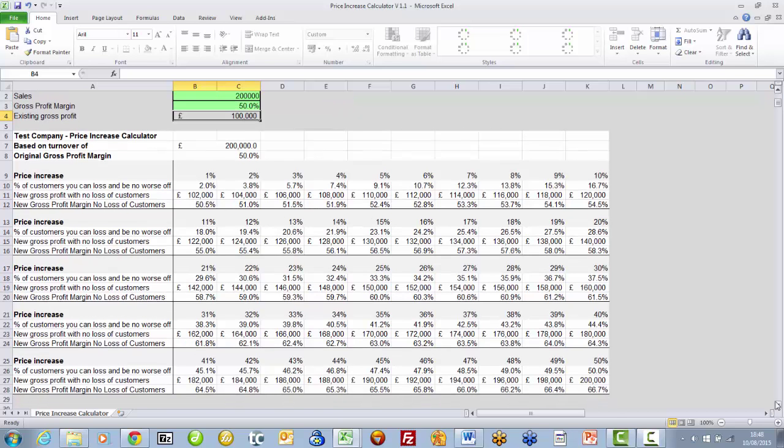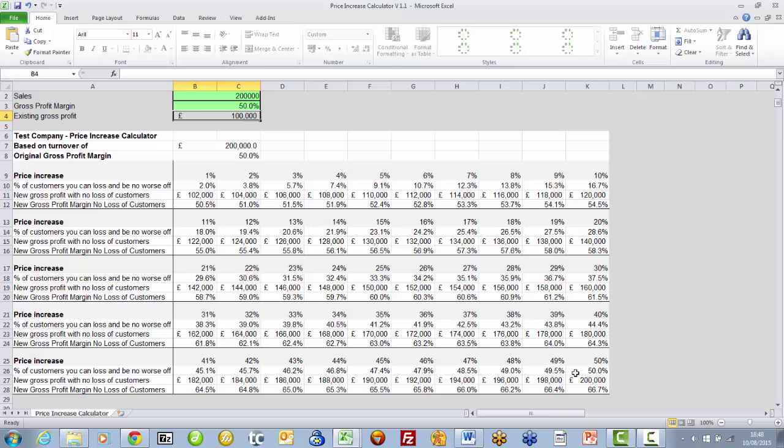If you scroll down, you'll see that I've taken it up to a maximum price increase of 50%. If you were able to increase your prices by 50%, you never know, you could be in a particular industry where there's not much competition, then you could possibly do that. But I would already suggest that if you're in that scenario, your prices will be reflective of that.